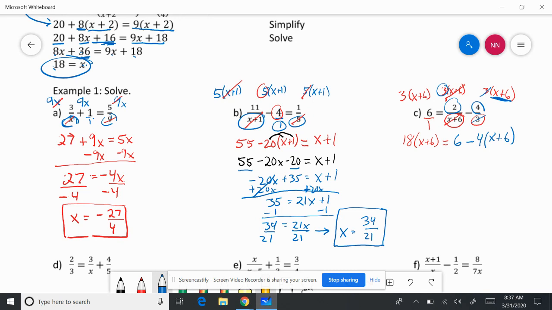Now I'm going to simplify. I distribute the 18 to each of the terms. 18x. 18 times 6 is 108. Then I distribute the negative 4 to each of the terms.